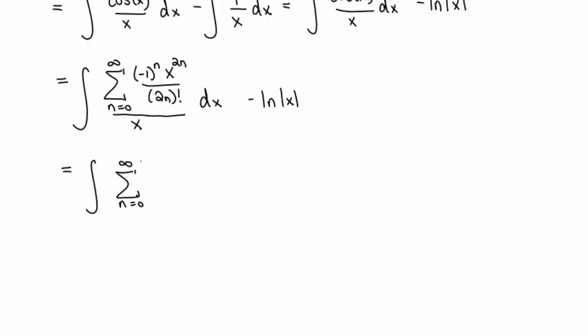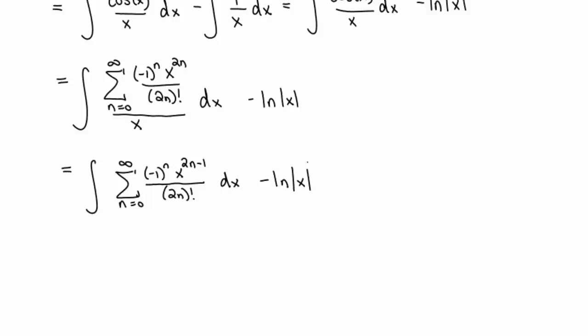So that's going to be a summation n equals 0 to infinity of negative 1 to the nth x to the 2n minus 1, that's me dividing each of those terms by x, over 2n factorial, and then of course we have the dx on the outside, and minus a natural log absolute value of x.